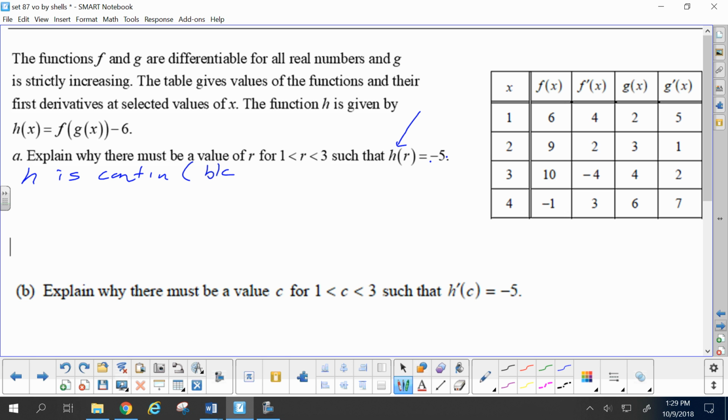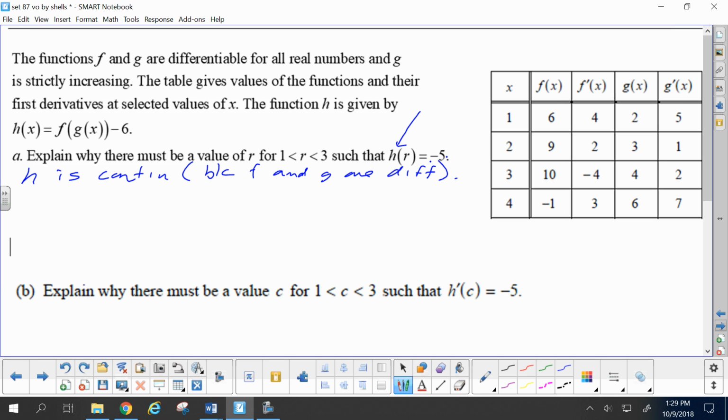Because F and G are differentiable, so they are continuous. Now, thankfully, you don't have to do a rigorous proof of that fact. You just have to state, hey, I know it, it's a condition for IVT that H is continuous. And you say it and you kind of hope it's true, and it actually is true.